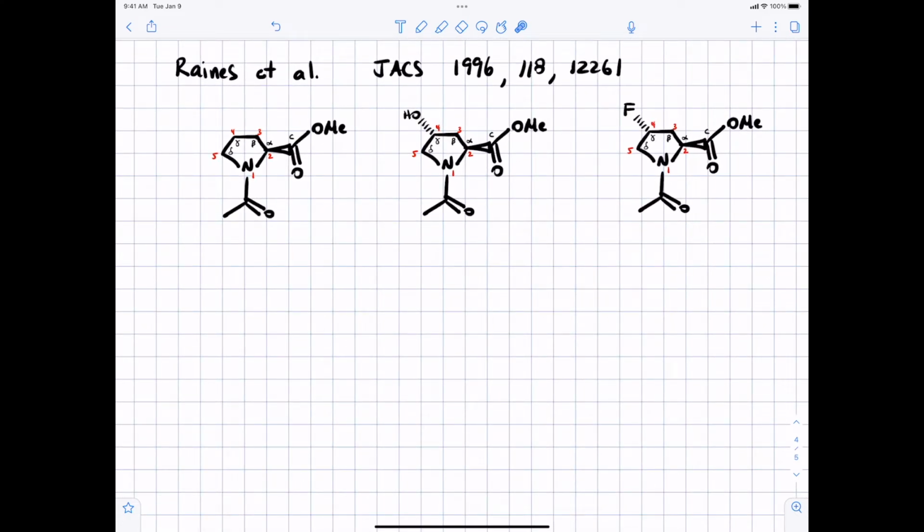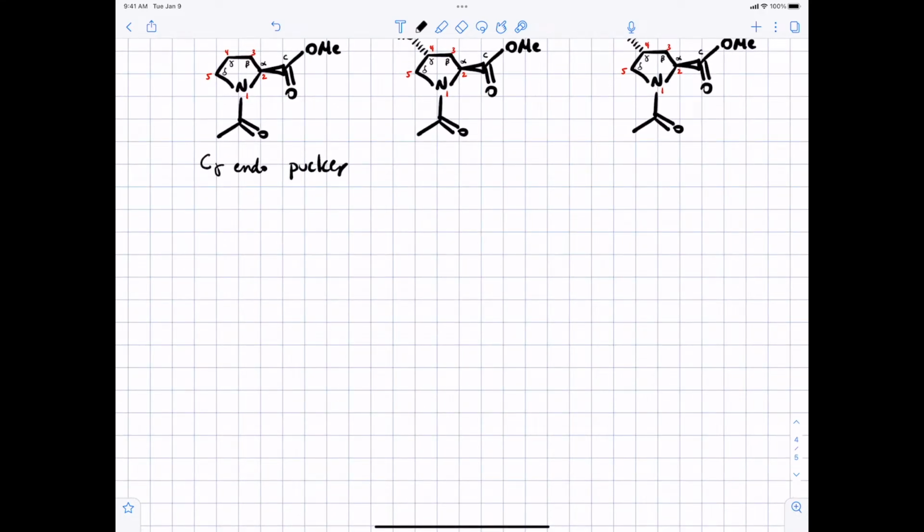We talked a little bit about ring puckering conformations. Okay, so the ring for regular proline here prefers what's called a C-gamma endo pucker. What does that mean? Well, if we look at this ring from the side, we'll put the nitrogen here. Here is the alpha carbon.